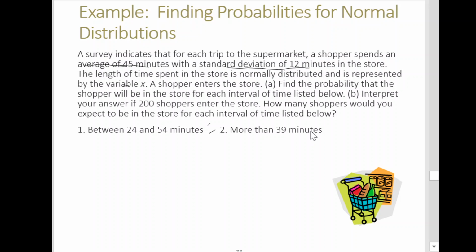If 200 shoppers enter the store, how many shoppers would you expect to be in the store for each interval of time listed below? First, we start with the first given, which is C, between 24 and 54 minutes. Let's first identify the givens. We have a mean of 45 minutes and a standard deviation of 12 minutes.